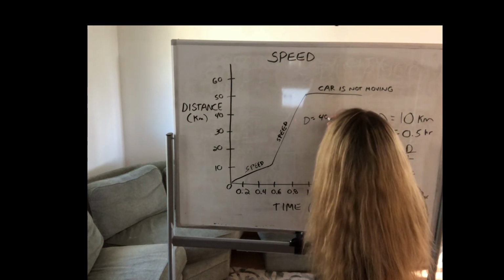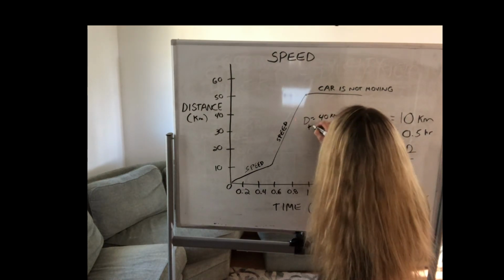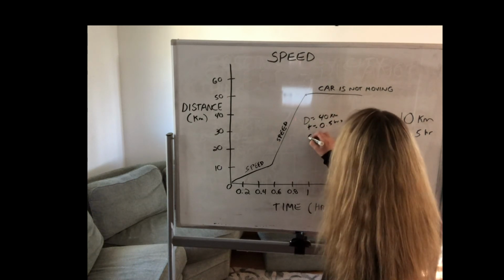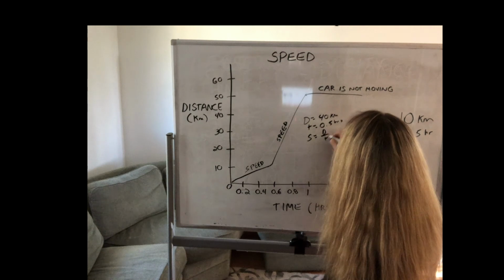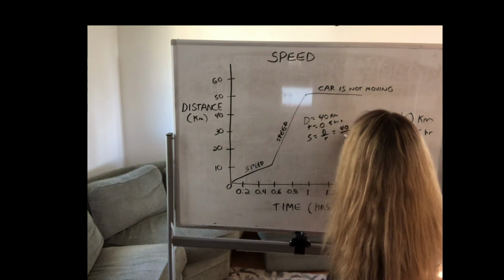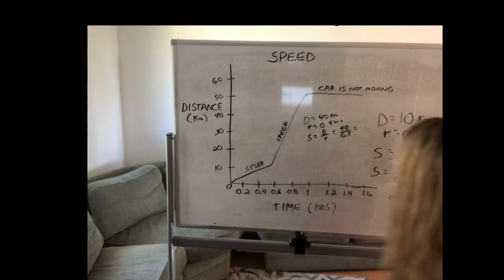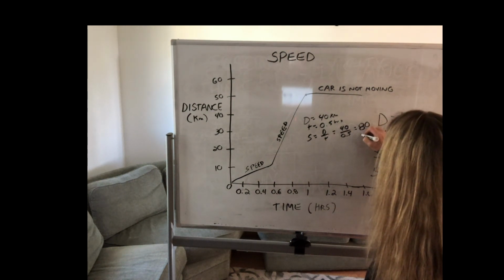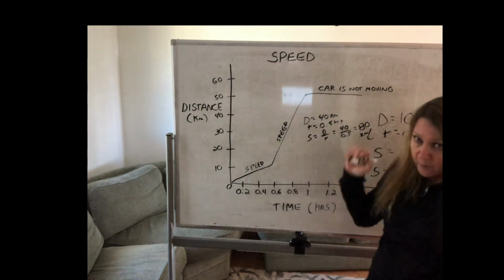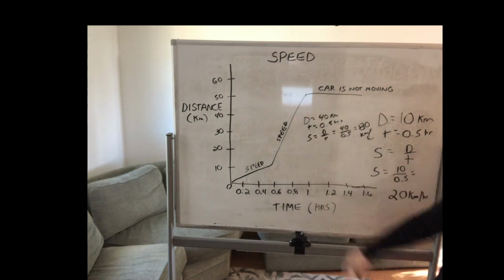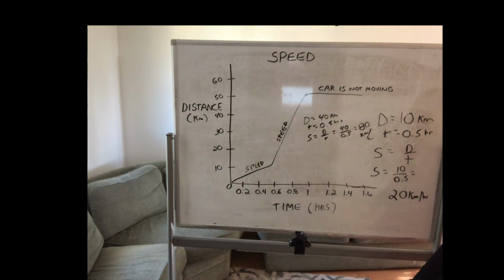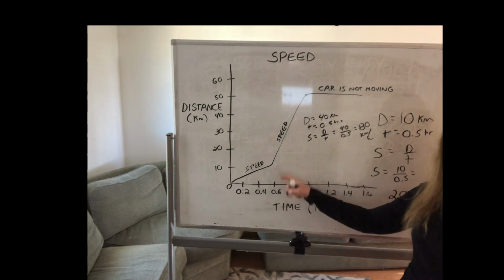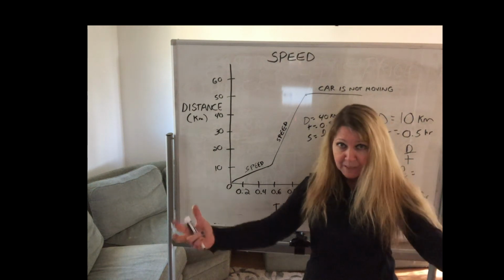It's 40, and the time is 0.5 hours. So it's going to be, remember, speed, distance over time, 40 divided by 0.5, and that's going to be 80 kilometers per hour. So during this time, the average speed's 80 kilometers per hour, and during this time, the average speed is 20 kilometers per hour. So this is how you could calculate average speed from a graph.